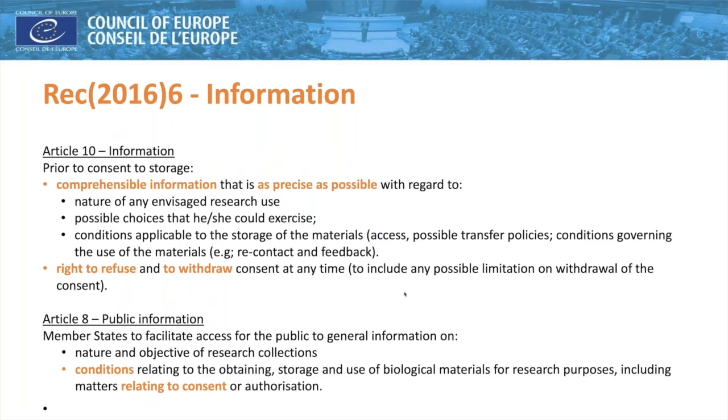And also the conditions applicable to the storage of material. You see here access policy, transfer, conditions governing the use of material, and that includes recontacting the persons or giving feedback on the result of the research in which their material has been used.